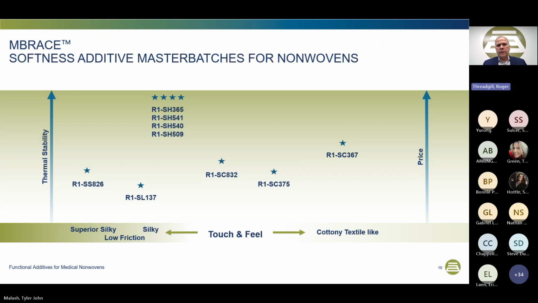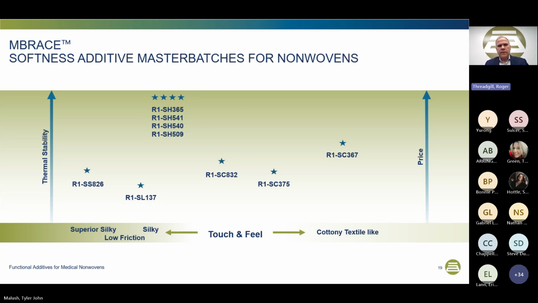As you can see on the horizontal axis at the bottom, we go from the superior silky, low friction side on the left to a more cottony, textile-like quality on the right. On the vertical axis, we show thermal stability, which is very important in the type of processes that we deal in, as well as the relative price points between those. So it's a pretty good way to look at these. Again, it's a spatial view to give you a sense of where the different products fall in each of these categories.